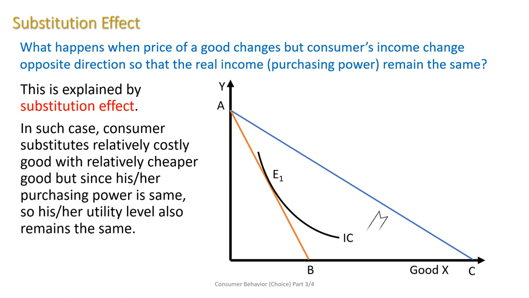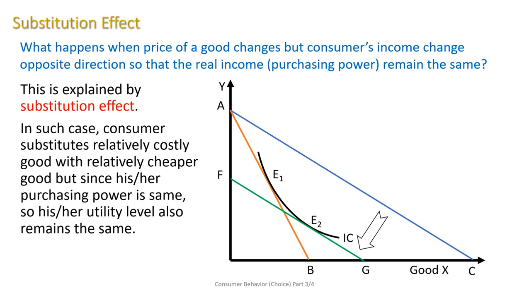The new budget line AC will in fact shift backward, and it will shift so much that the purchasing power remains the same as it was at E1. According to J.R. Hicks, this can be represented by shifting the budget line so much that it becomes tangent to the original indifference curve.